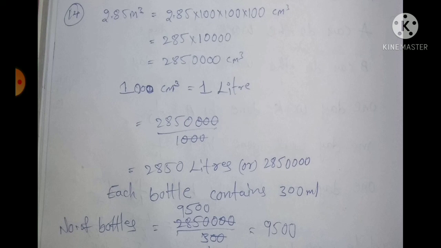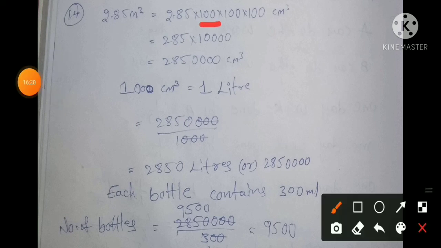Next, 2.85 will become 285, 100 into 100, 10,000. Then this will become centimeter cube. It converted into centimeter cube, 28 lakhs 50,000 centimeter cube.